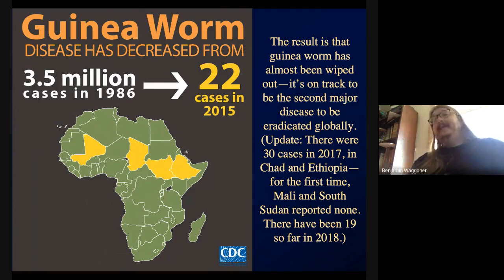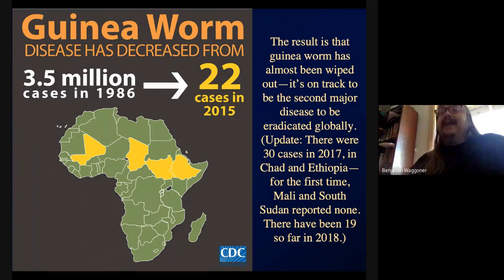That's Chad. And around that lake, you might be able to see it. Dracunculus has been able to sustain itself in local dogs as a reservoir host. So it's a little bit trickier than just getting everybody to use a drinking straw.